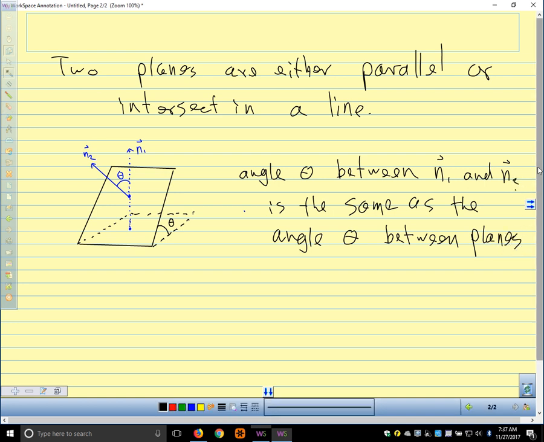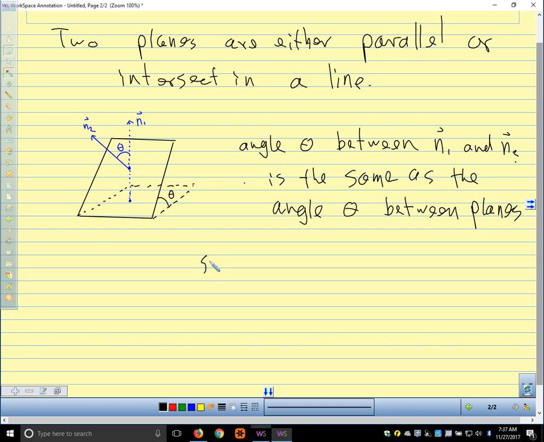And so we can say that the cosine of theta is, and we want our angle to be between 0 and 180, so we're going to say the absolute value of n1 dot n2 over the magnitude of n1 times the magnitude of n2.